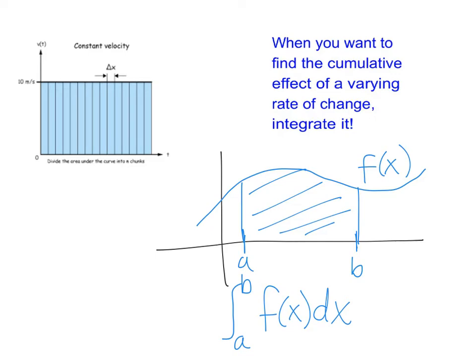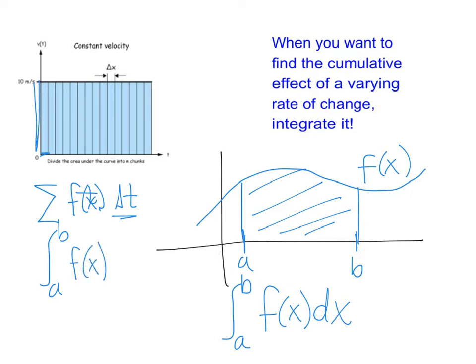If we were going to use Riemann sum notation, we would say the sum of all the areas underneath here times delta t. So we would take this length right here, f of t, and then this width here would be delta t, the change in t. And so that turns into the area between of f of t dt.